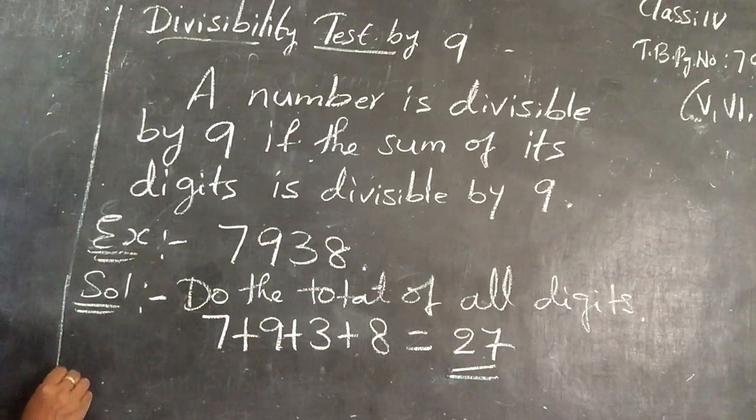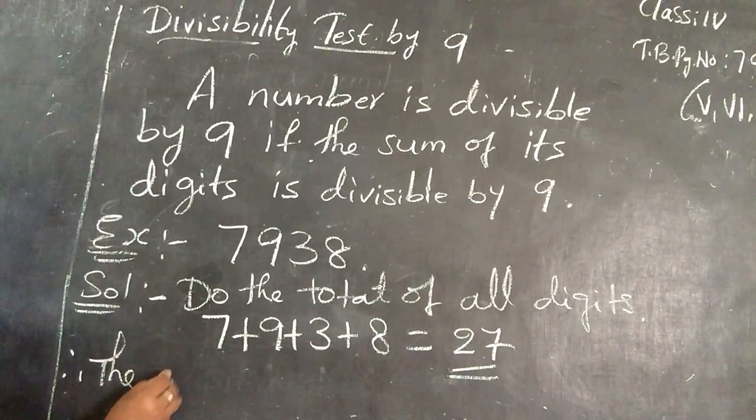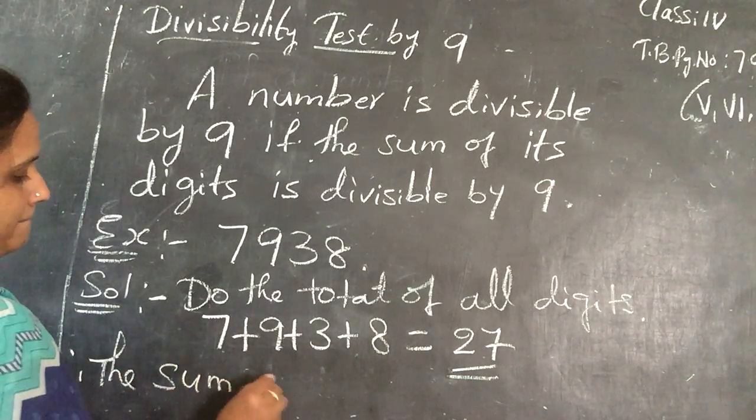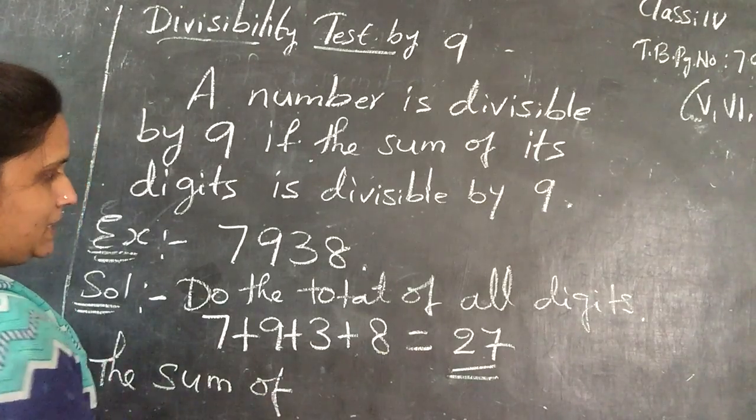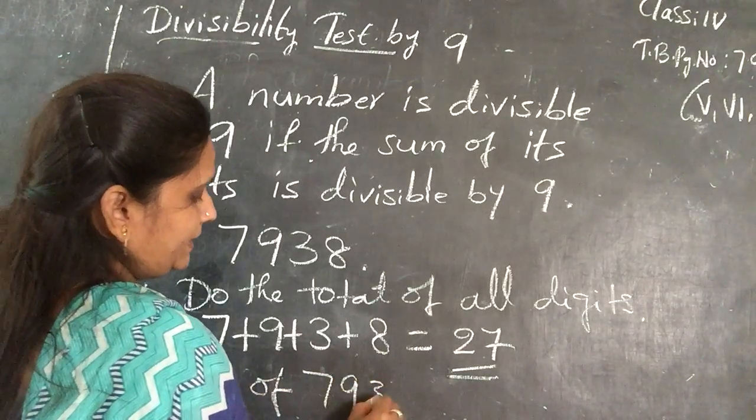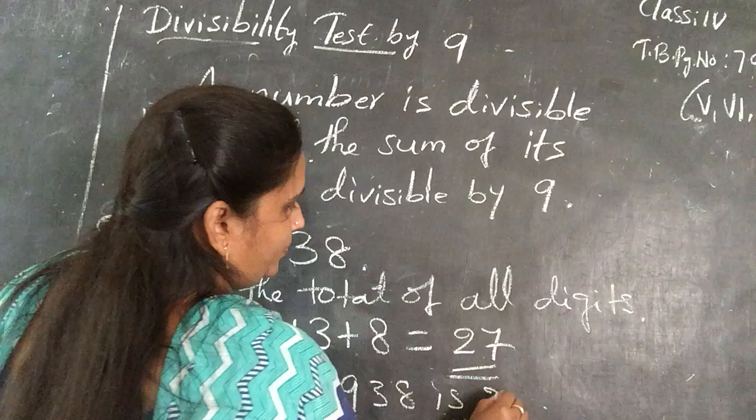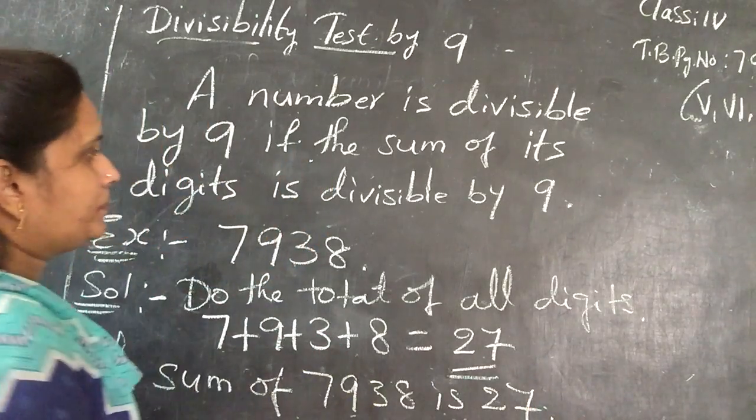Now write this conclusion. Therefore, the sum of the digits of 7938 is 27.